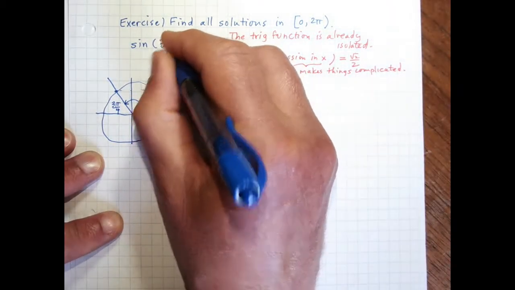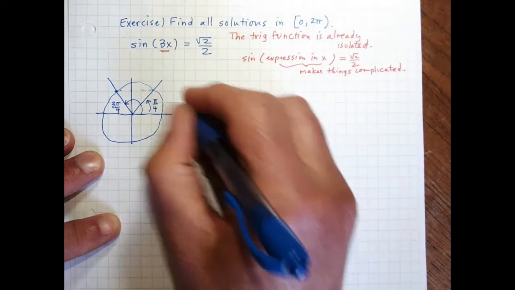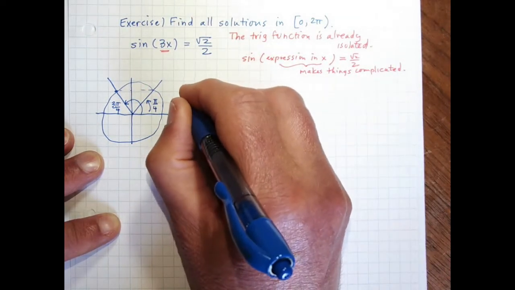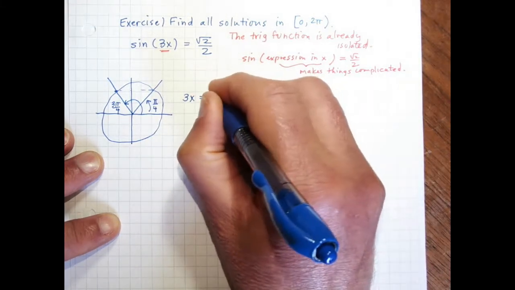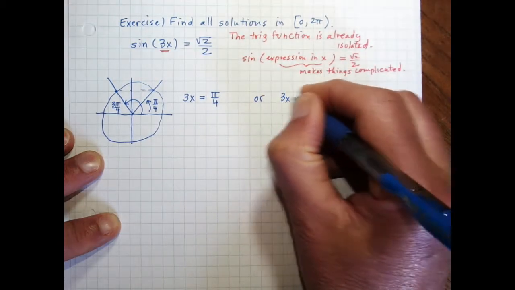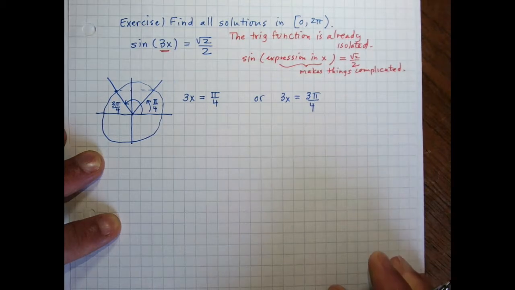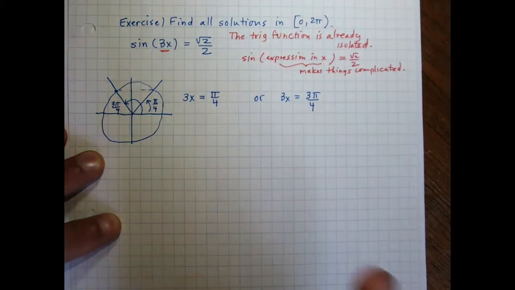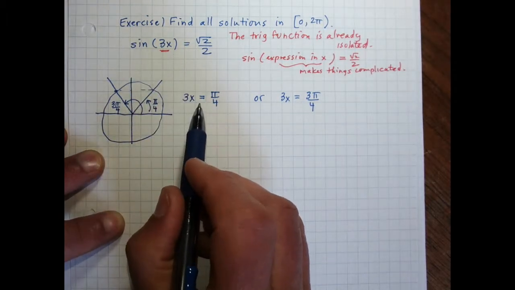So here, I'm going to take the expression inside the sine. That's like my angle, okay? It's like my theta. I'm going to say 3x is equal to pi over 4, or 3x is equal to 3 pi over 4. So now my solutions are not pi over 4 and 3 pi over 4 because I haven't solved for x yet. I just break away from the sine function at this step.